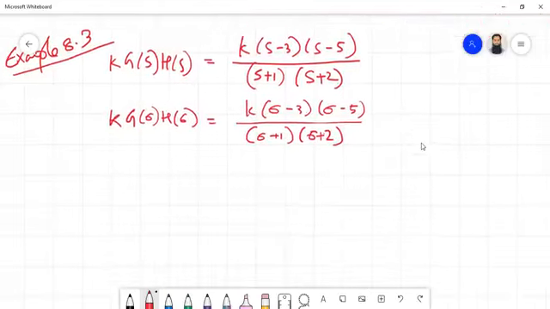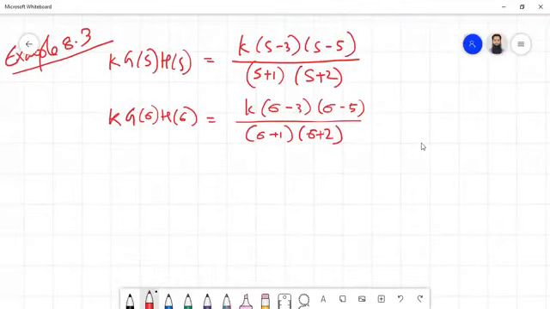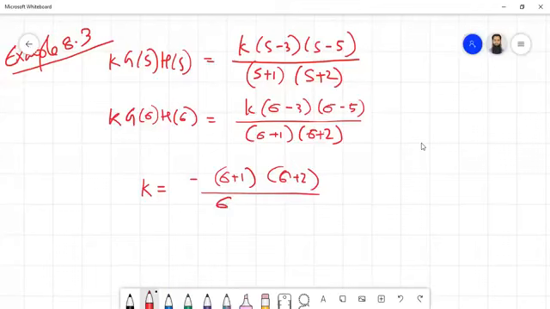So what you can say is K will eventually be equal to minus, so it will just be inverted: sigma plus 1, sigma plus 2 divided by sigma minus 3 and sigma minus 5. Okay, so just multiply.